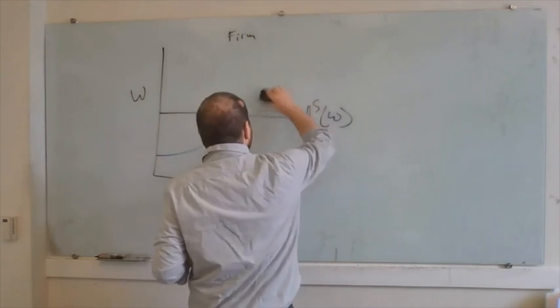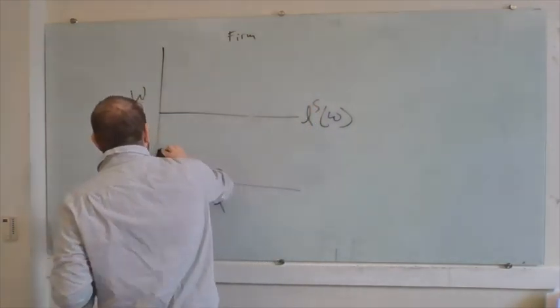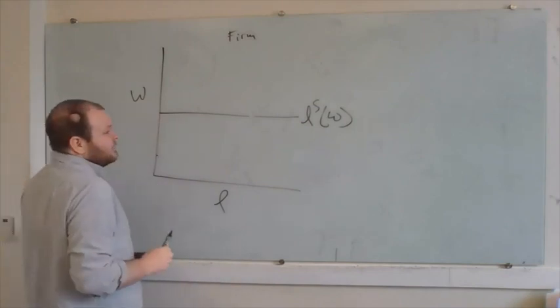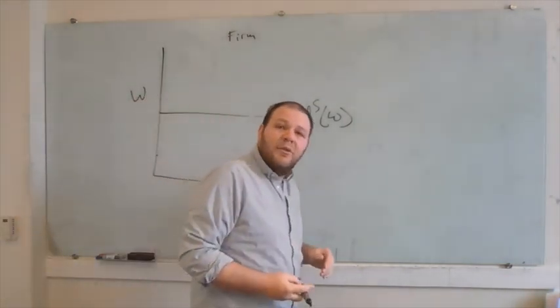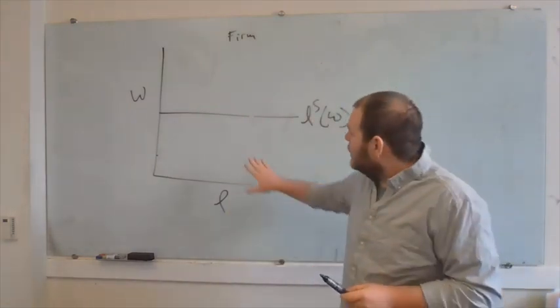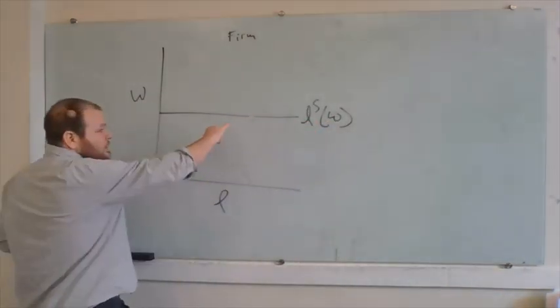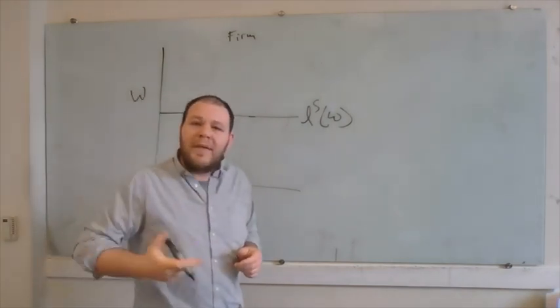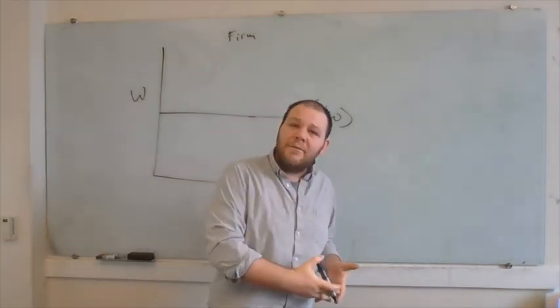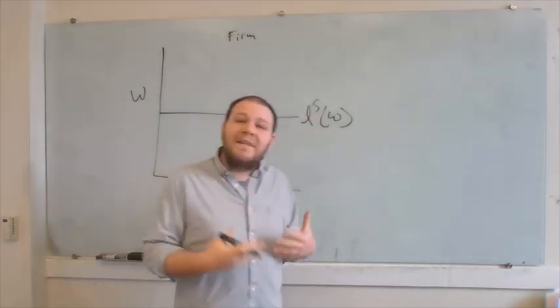So to do this, let's go back first to understanding what we said would happen in the competitive case, where we have a perfectly horizontal labor supply curve. In that case, firms say, since I can hire as many workers as I want at wage W, I'm going to hire every worker that produces at least W's worth of revenue for my firm, and no workers that produce less.